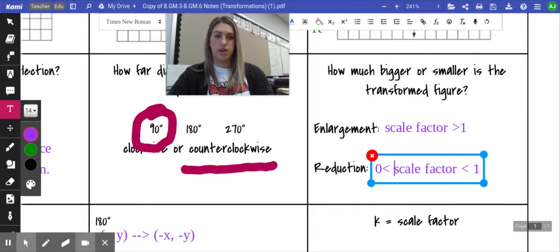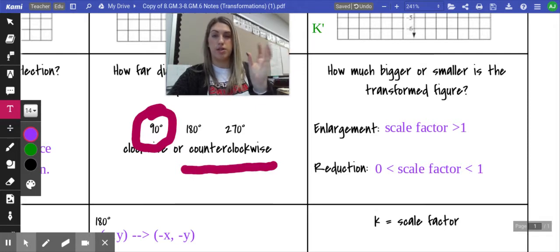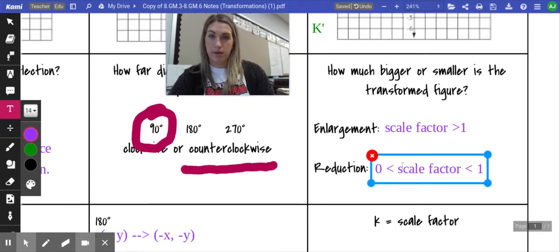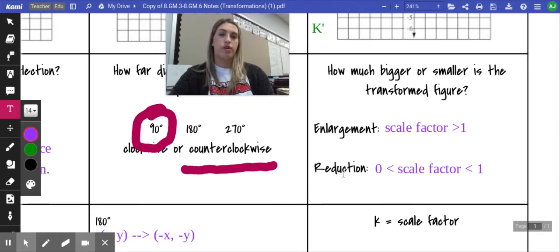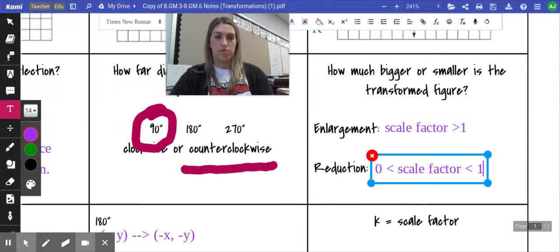Meaning you can have fractions as scale factors. So if your scale factor is a fraction, that means you're going to be reducing. However, you can't have a negative scale factor. We don't have negative sizes of things. That's why when I say greater than 0, I'm clarifying it can't be negative. So for a reduction, it's going to be a fraction. I'm actually just going to write fraction beneath that.